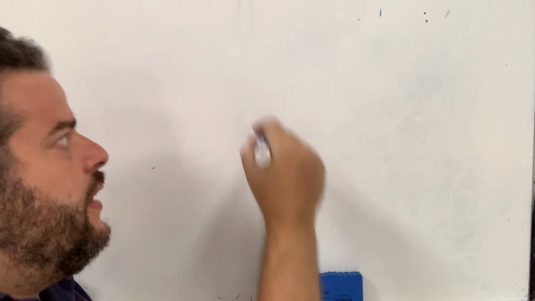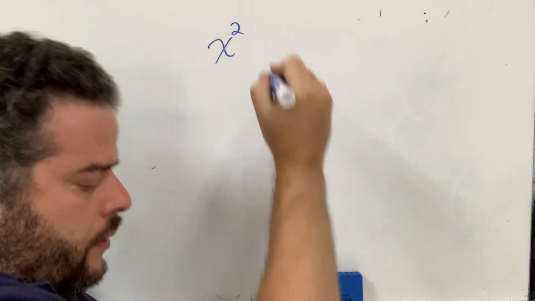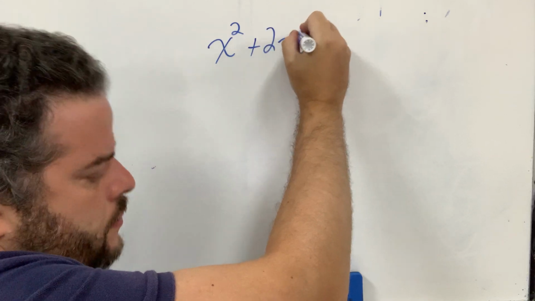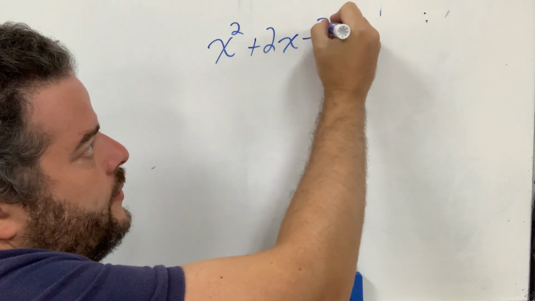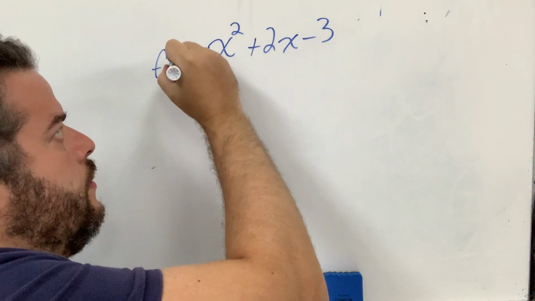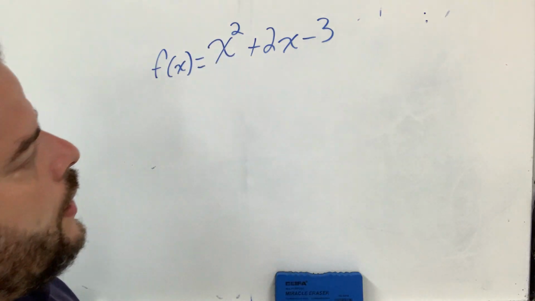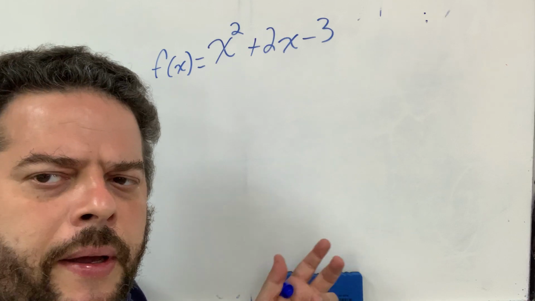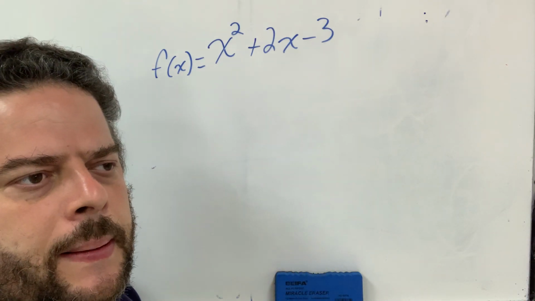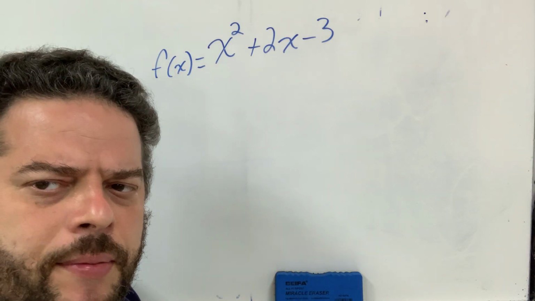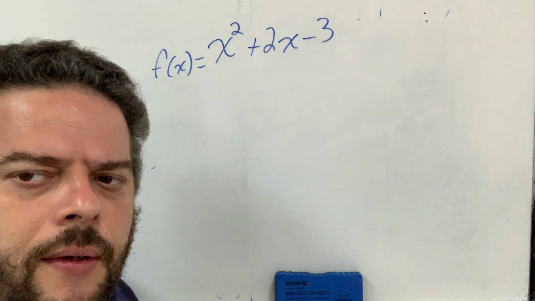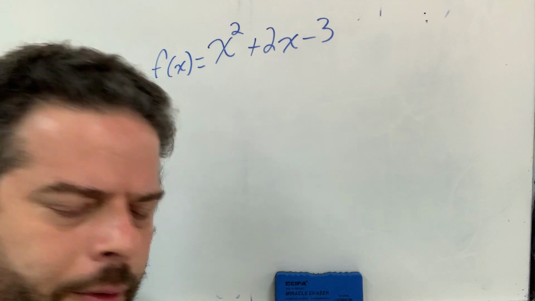So let's say we're given the following quadratic function. 2x minus 3. Now, instead of doing a table, try this. It's better. There's slightly more advanced concepts, but it's a lot faster and there's less chance that you mess up because you don't have to do as many operations.